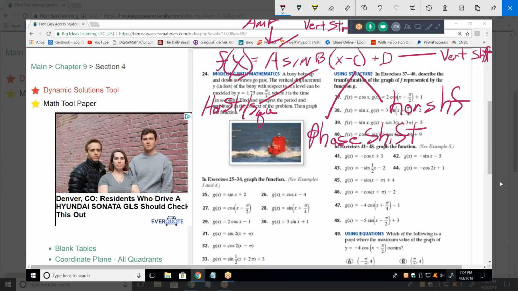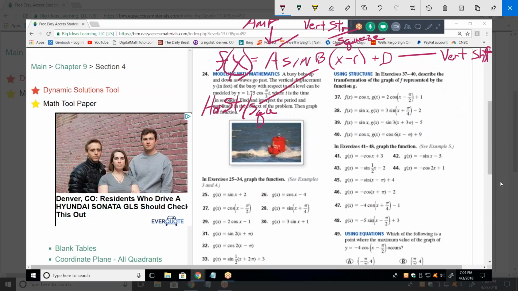That could be called a vertical stretch or a vertical squeeze. Yep. Okay, so that's what we're dealing with. In other words, you don't need to think of this in trig terms at all. You can just think of it strictly in terms of a polynomial that we're translating.